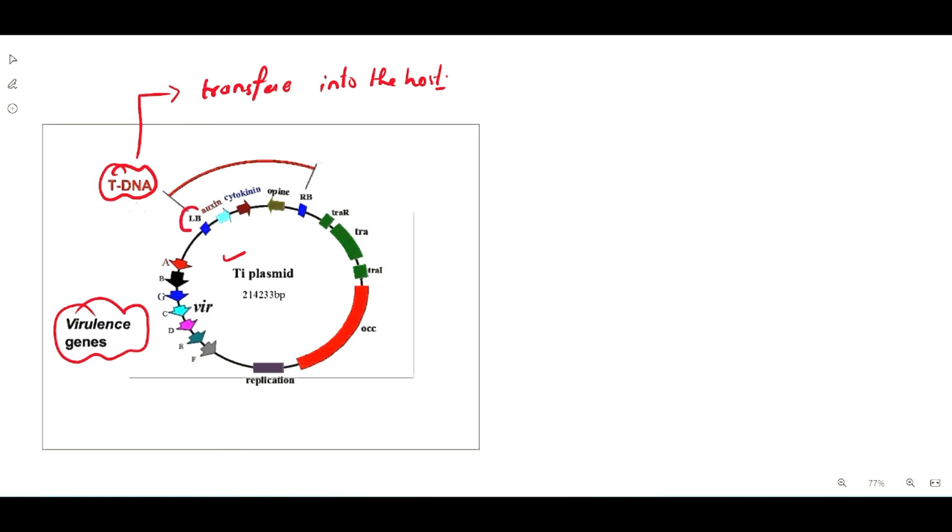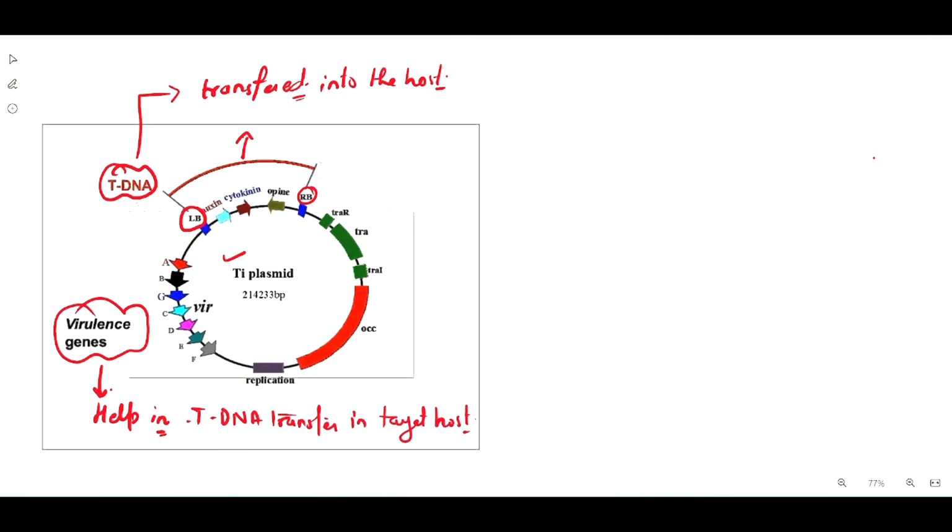It has a left border and a right border, and this whole region is transferred into the host plants. The Vir region helps in tDNA transfer in the target host.